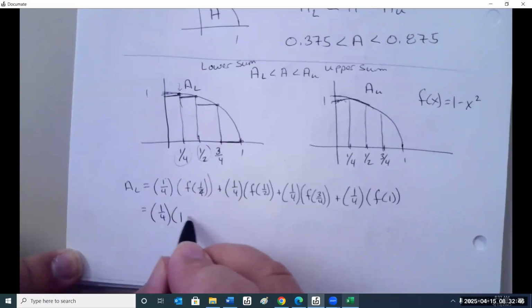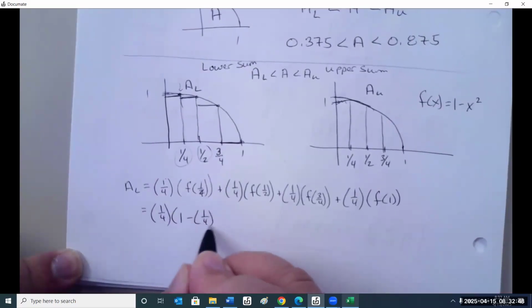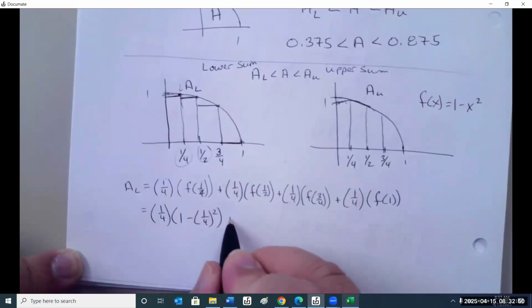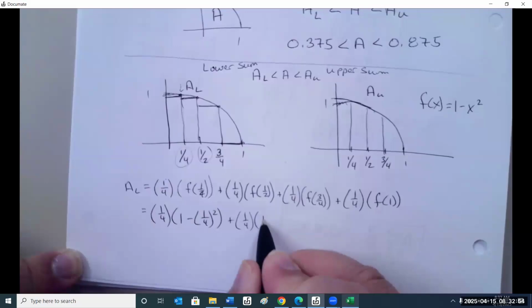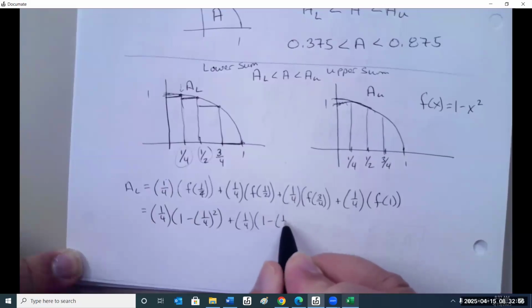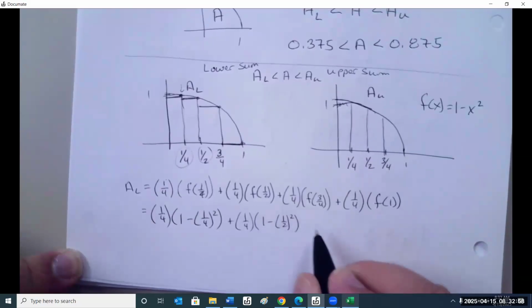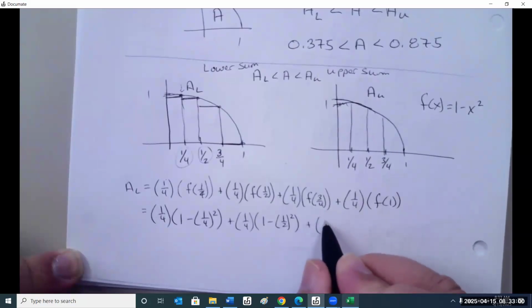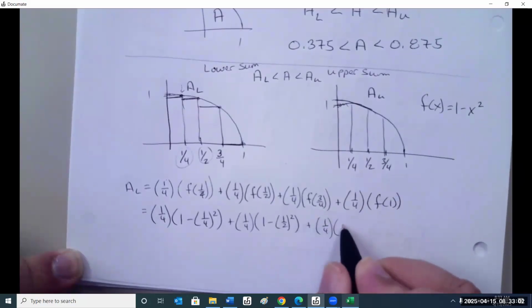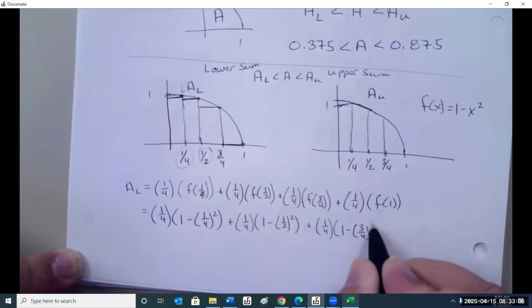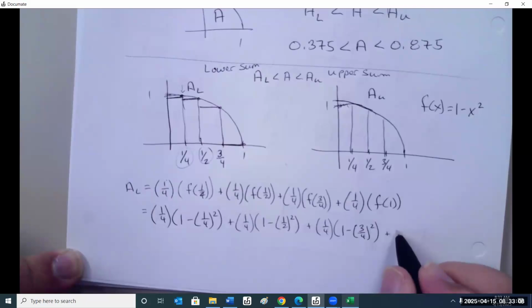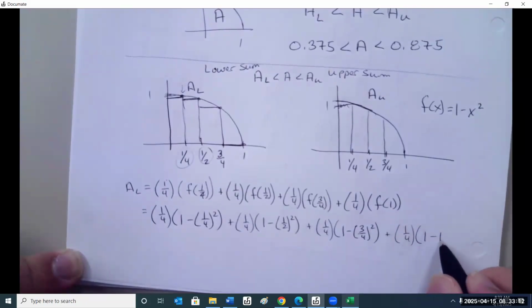So this is 1 minus 1/4 squared. The next one is 1 minus 1/2 squared. 1/4, 1 minus 3/4 squared. And then 1/4, 1 minus 1 squared.